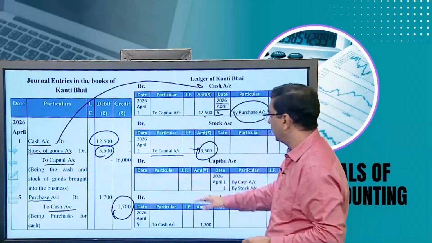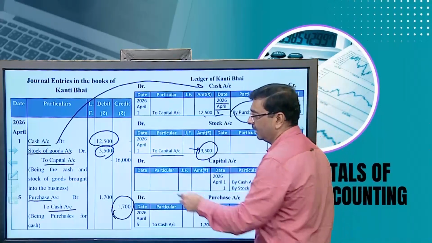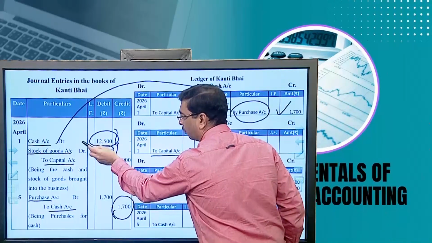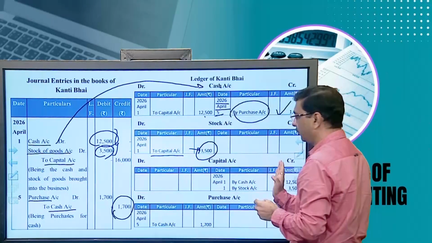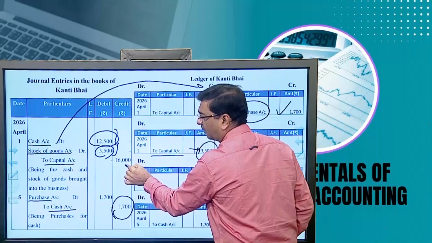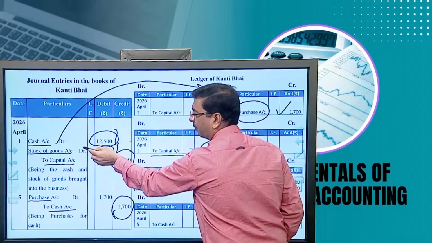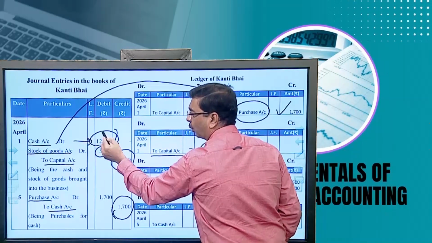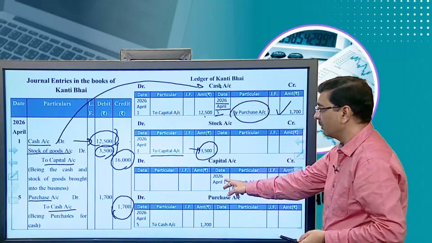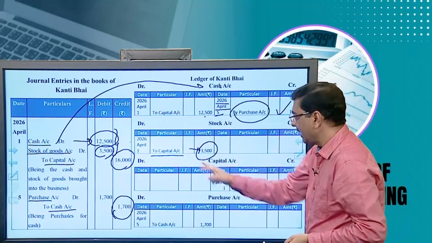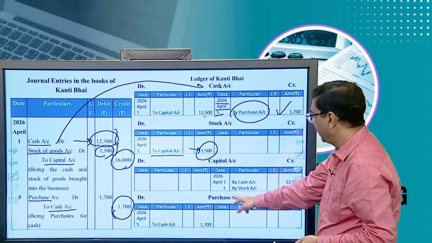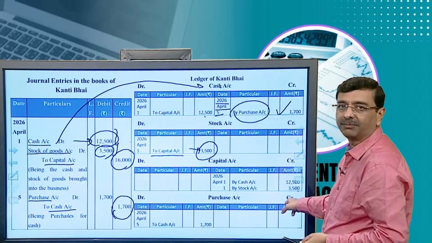So in the capital account, credit side, there are 2 opposite names. Both will be written on the capital account credit side. The total amount is 16,000. But because there are 2 names, we are going to write each name along with its amount. So first, on 2026 April 1, cash account is 12,500 and stock account 3,500.